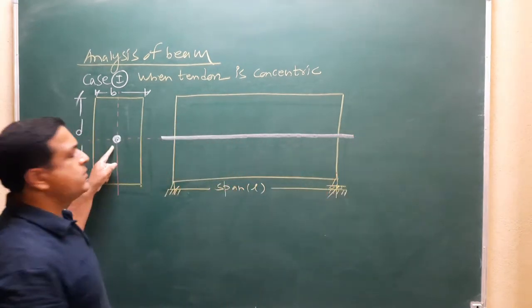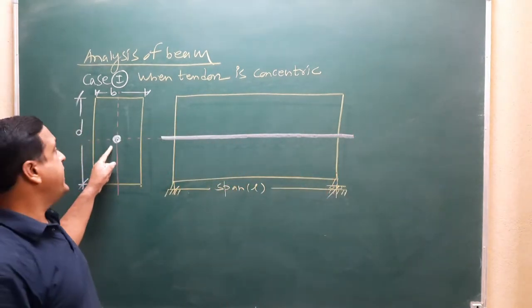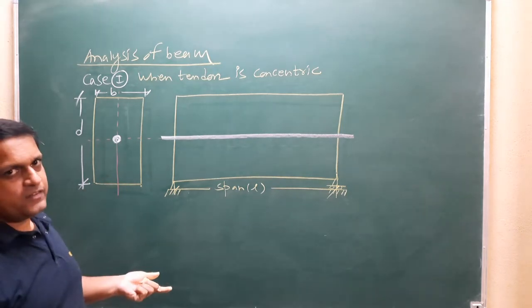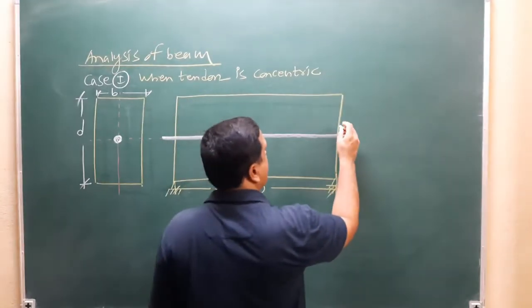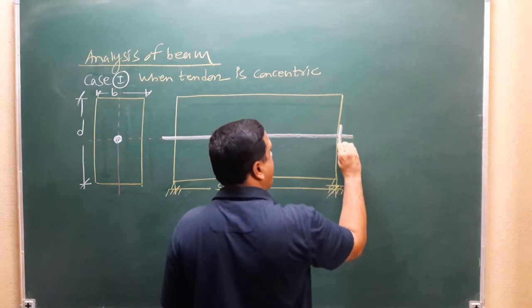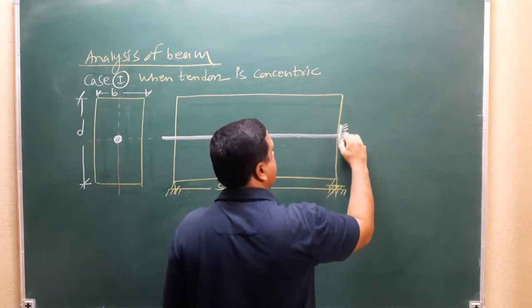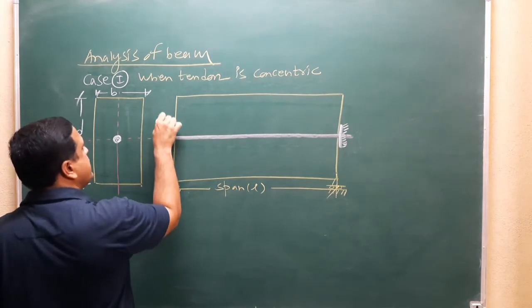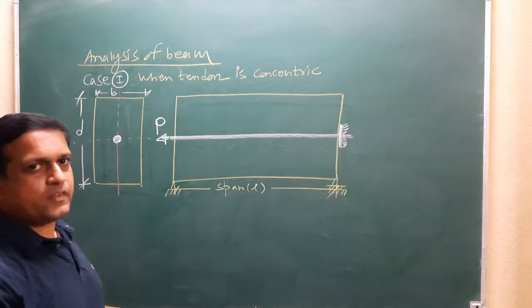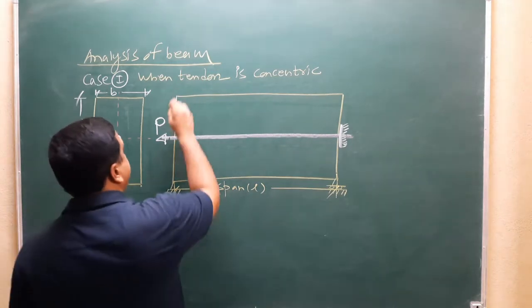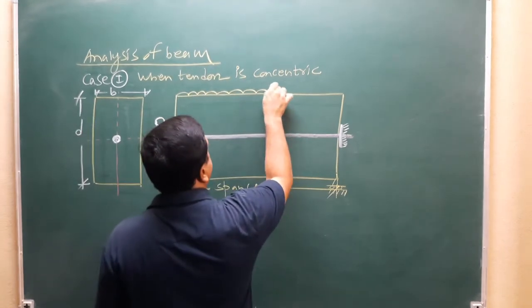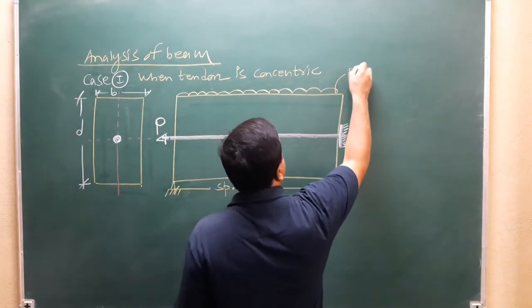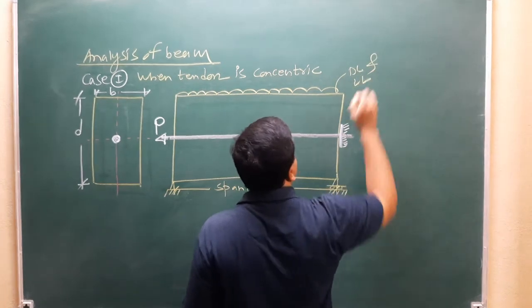So this is the CG of the beam, and the CG of the wire is the same here. You have to fix the wire here and provide the prestressing force P. Externally the loading is there, that is the dead load as well as the live load.